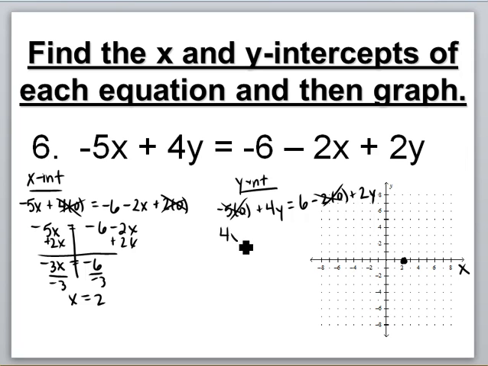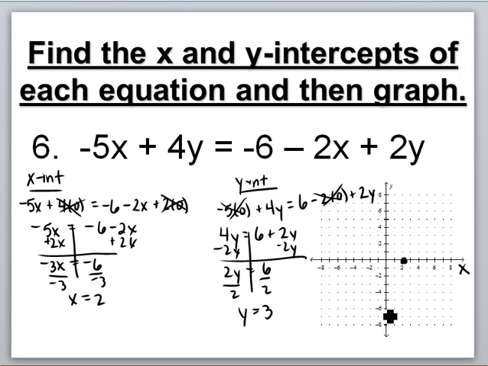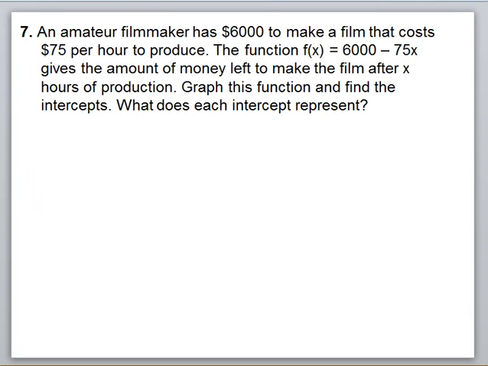And this time I have 4y equals 6 plus 2y. I'll solve this by subtracting 2y from both sides. I get 2y equals 6. I'll divide by 2 on both sides, and I get y is 3. So on my y-axis, I will plot 3. Connect my dots together, and I'm finished.